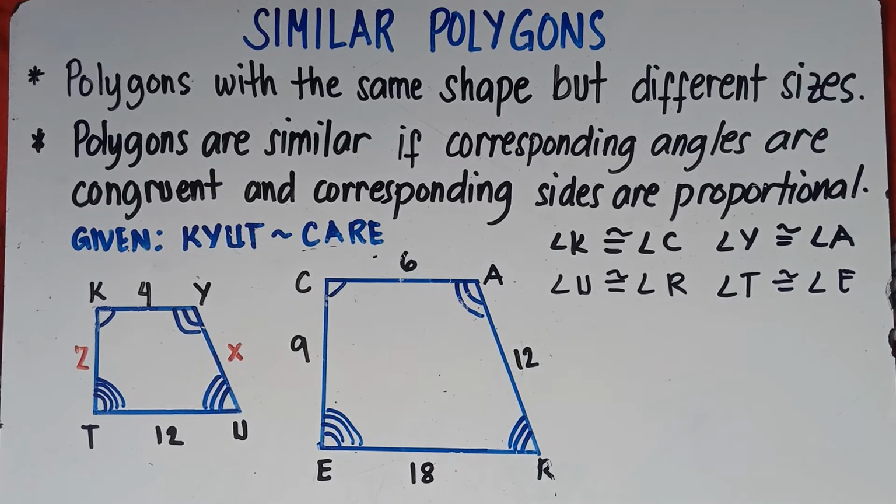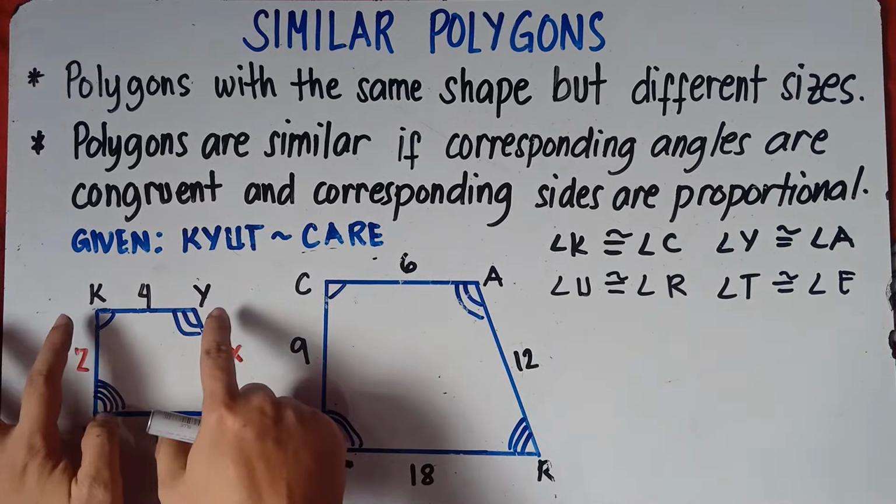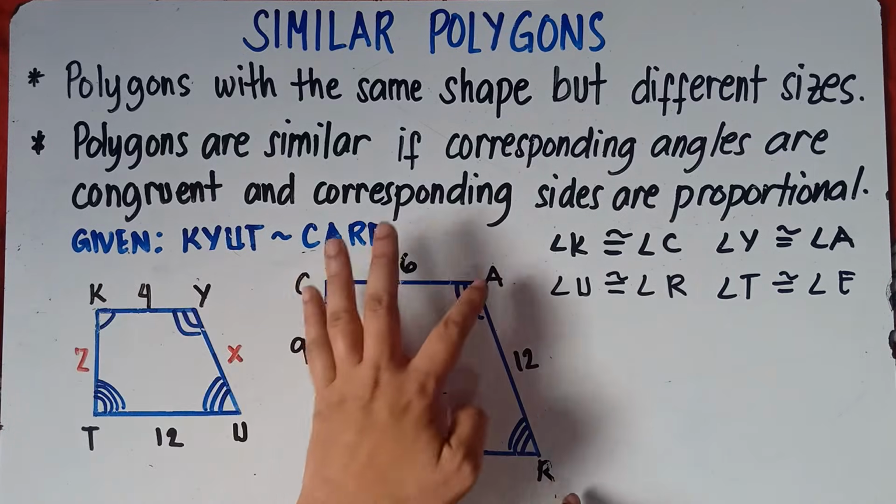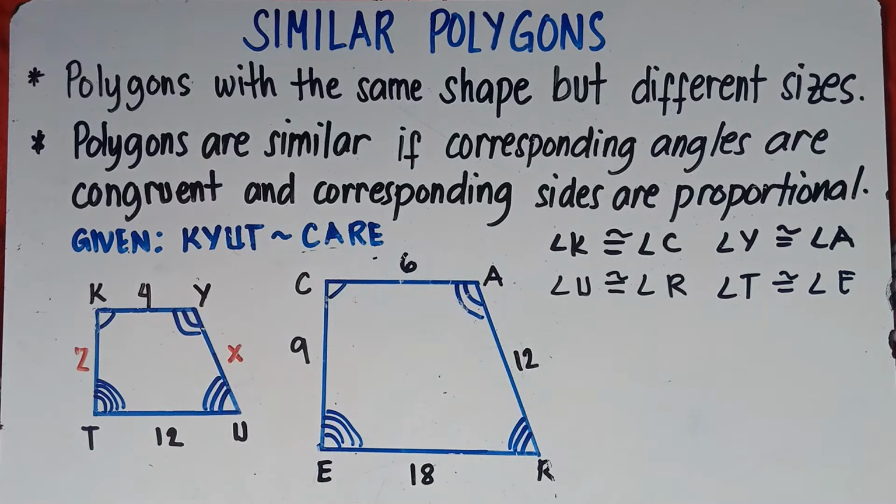Now, if their corresponding angles are congruent, we can also say that their corresponding sides are proportional. The ratio of this side over this side will be equal to the ratio of this side over this side. So let me write the equation.